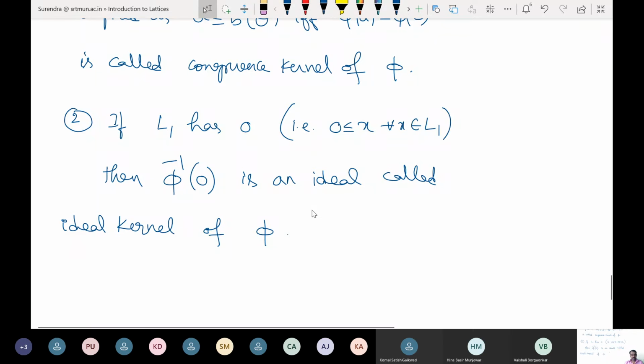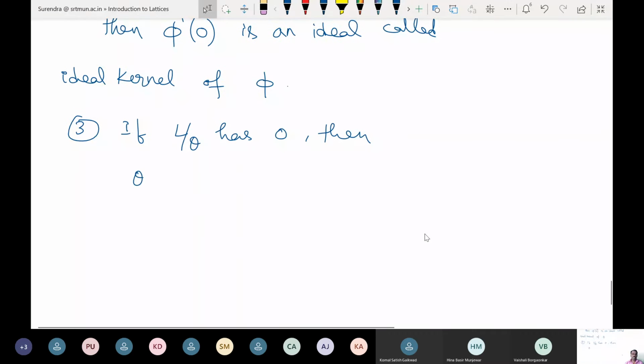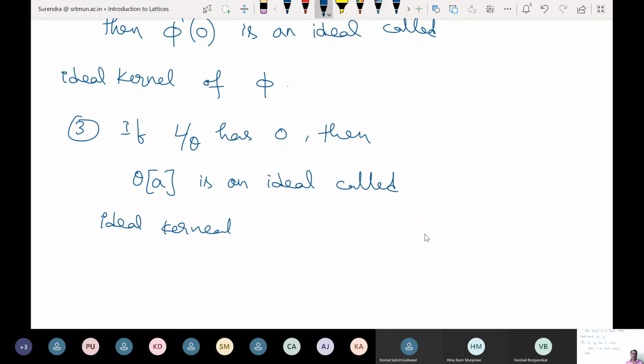Similarly, the third one which we can define is that if L modulo theta has 0, okay, then whatever this theta of A we are considering, this theta of A is an ideal, called the ideal kernel, but this is the ideal kernel of this congruence relation theta.